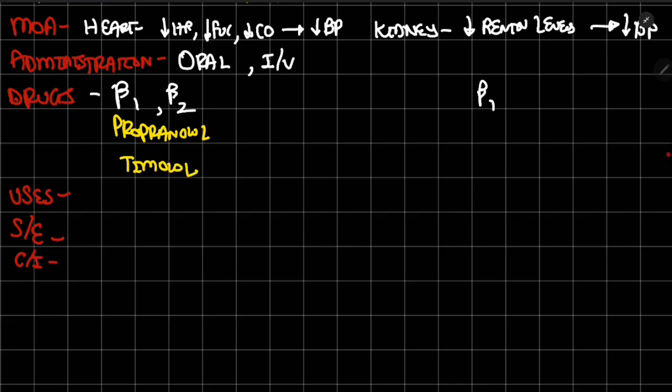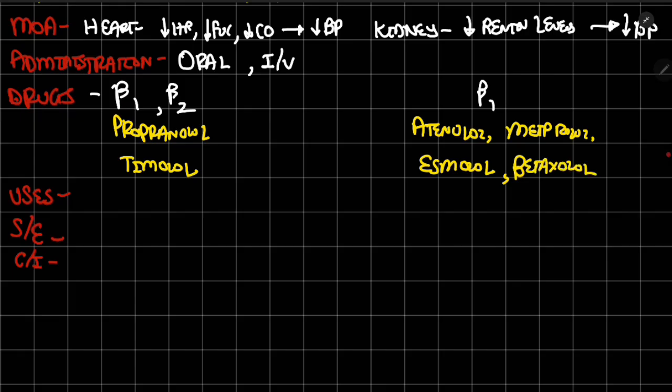Under beta 1 selective we have atenolol, metoprolol, esmolol, and betaxolol. So under selective we have 4 drugs, under non-selective we have 2 drugs.